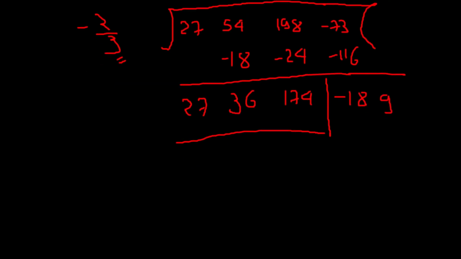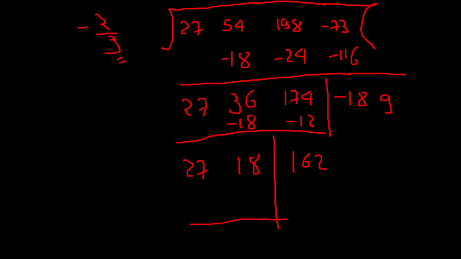Again, the same step will be followed. This multiplied by this will be minus 18, and then 18 plus, positive sign, and 18 multiplied with minus 2 by 3 will be minus 12, and this will be 162.